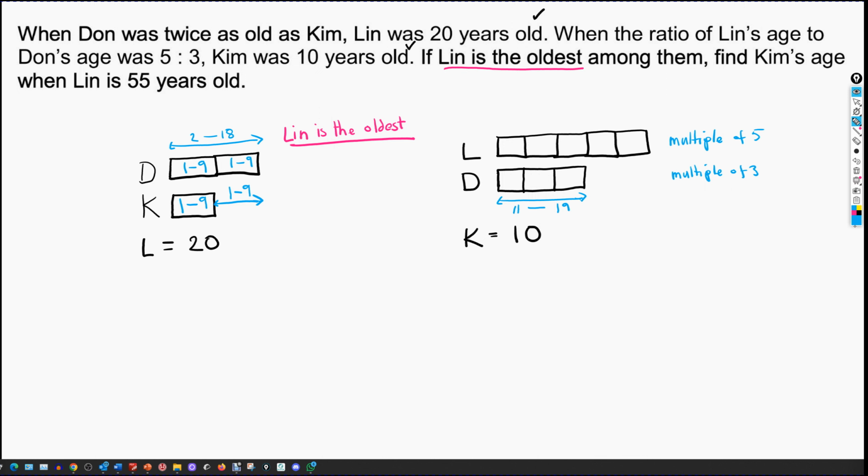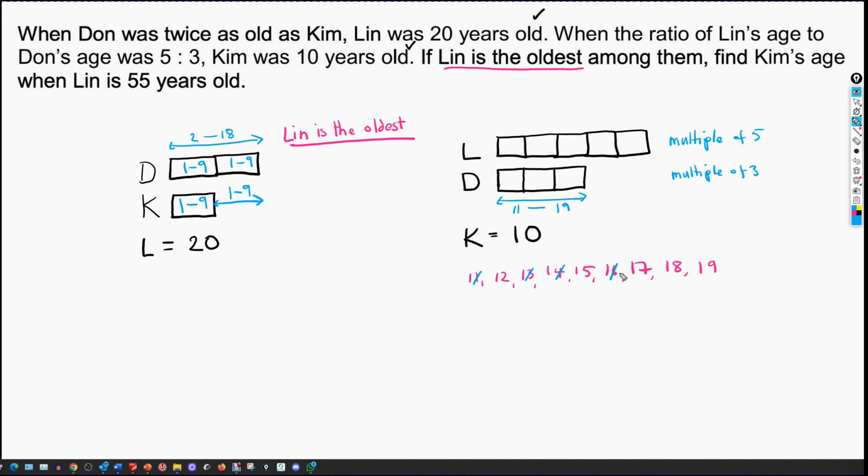And we know that his age is a multiple of 3. So what possibilities does that give us? Well, depending on your pupils, you could decide to write these out. We've got 11, 12, 13, 14, 15, 16, 17, 18, and 19. Okay. And which are the multiples of 3?